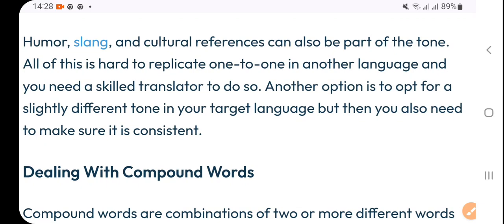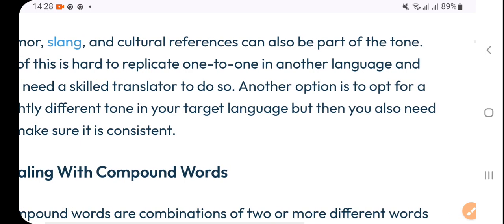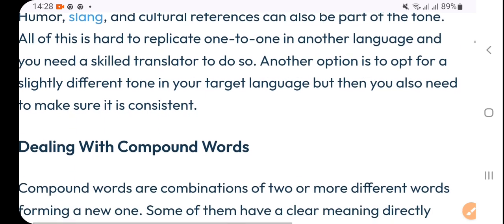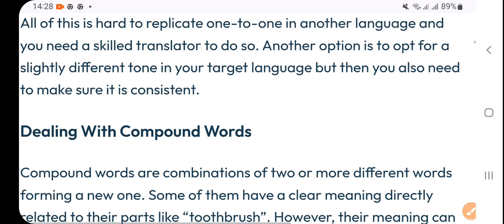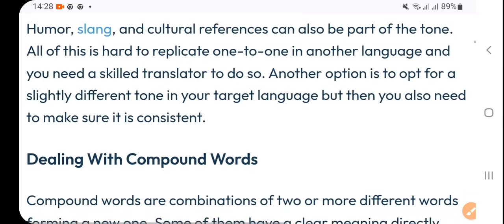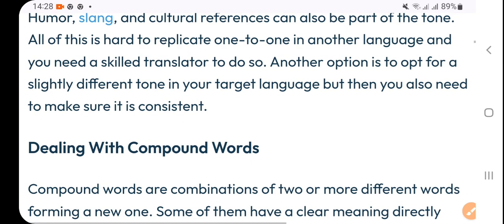All of this is hard to replicate one to one in another language, and you need a skilled translator to do so. So that's a very experienced, skilled translator. We need to change slang and cultural references and humor also.